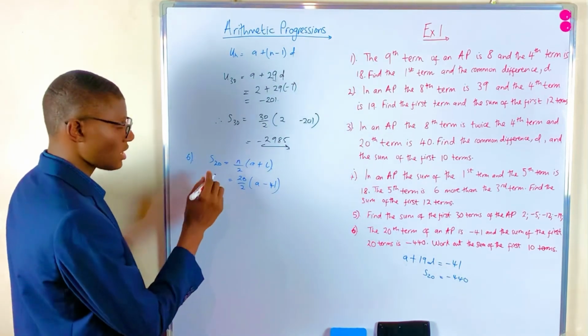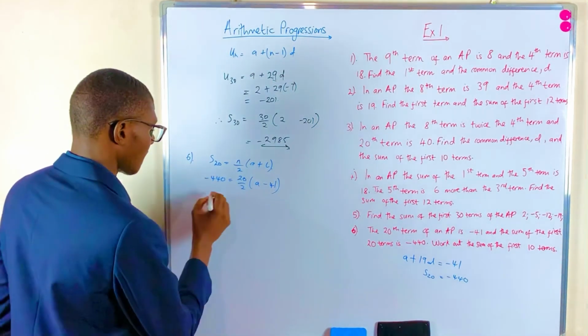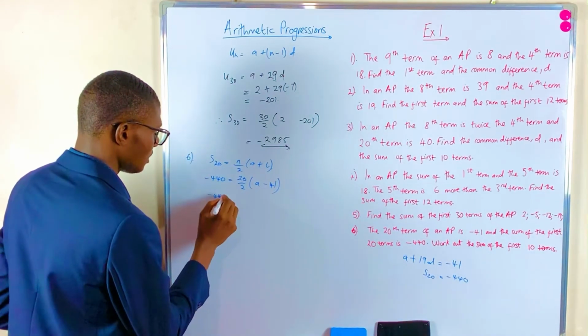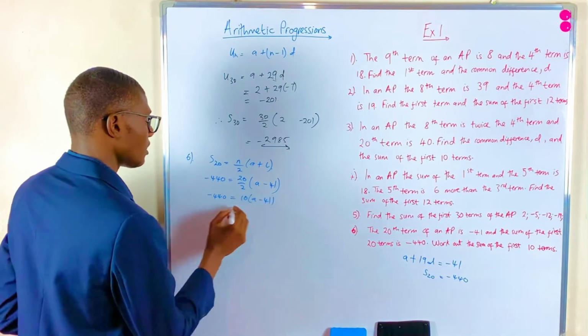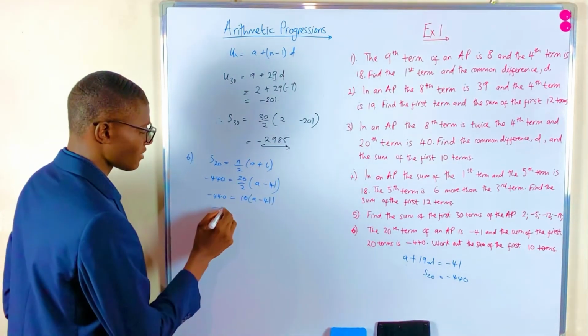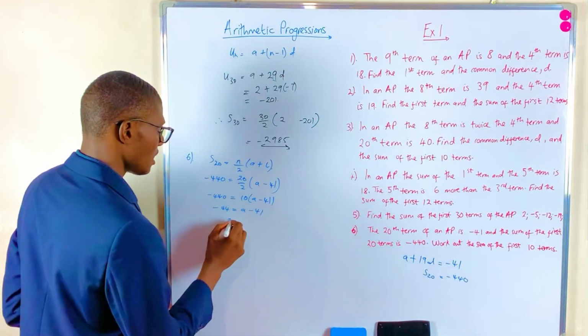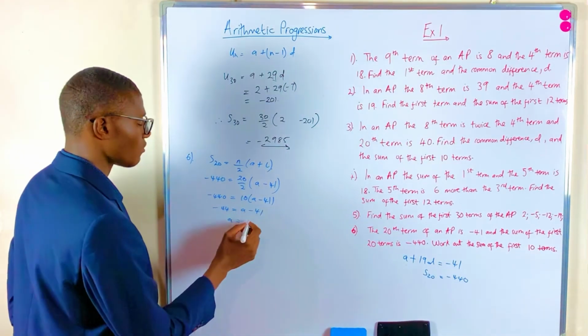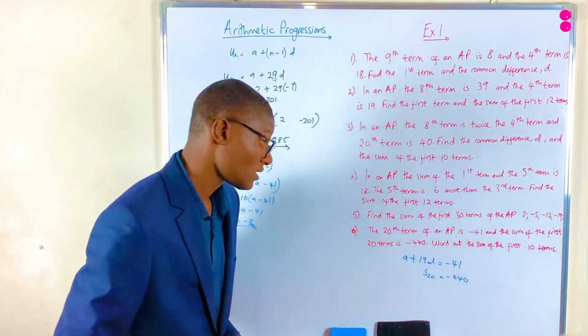And this is equal to minus 140, like this. So minus 140 is equal to 10a minus 41, and dividing both sides by 10, minus 14 is equal to a minus 41, and a is equal to minus 14 plus 41, which is minus 3. So minus 3 is the first term.